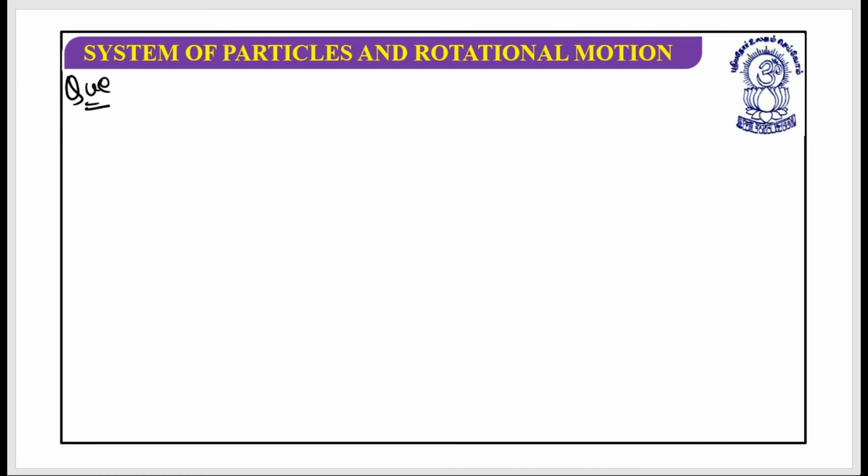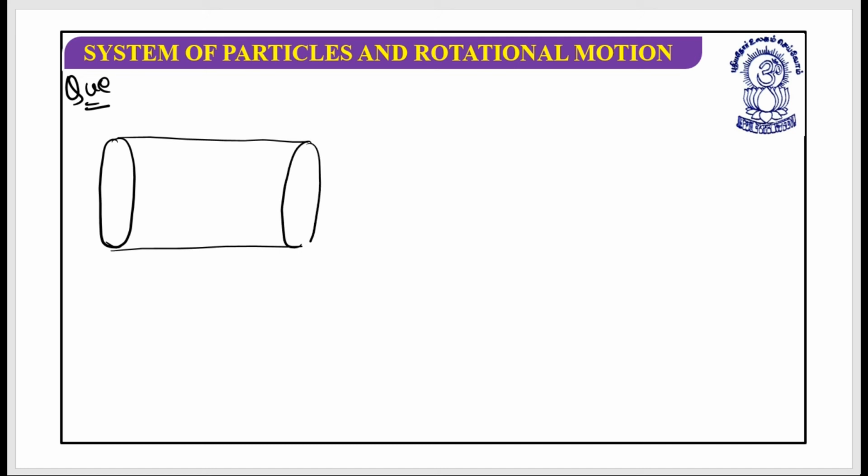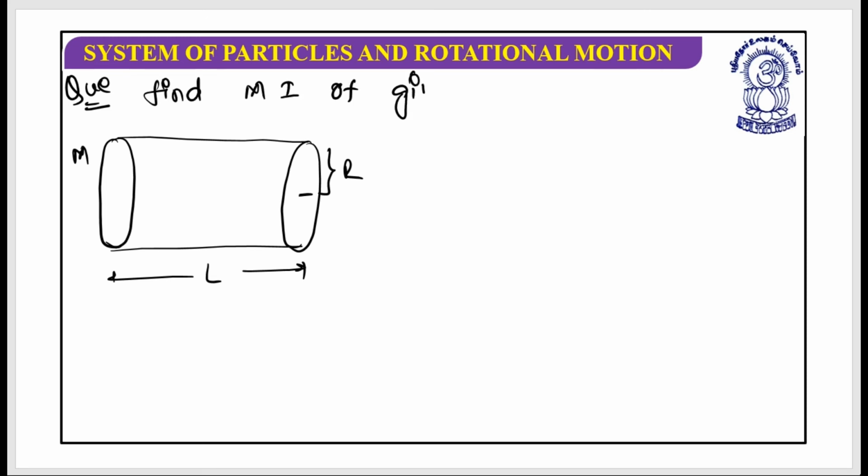let's say previously it was a hollow cylinder. Now this is a solid cylinder having mass m, radius r, and length L. So the question is find the moment of inertia of the given system.